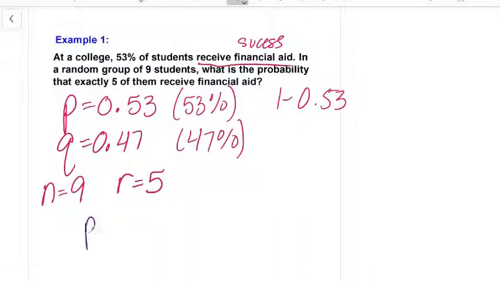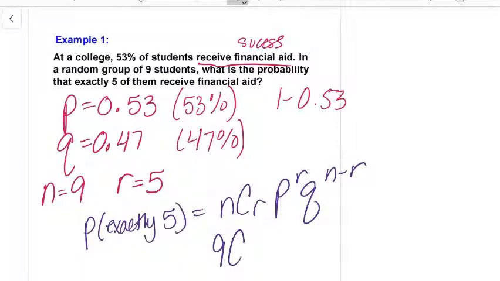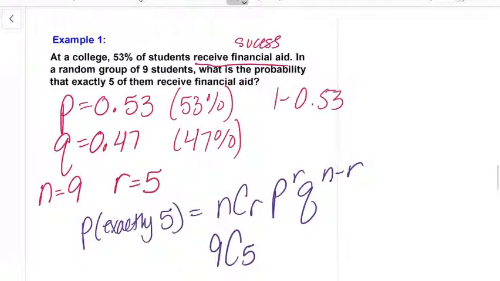So then your formula, probability of exactly 5 will be, so you do the combination of 9 that you're choosing 5. It's the combination of N choose R times P to the R, Q to the N minus R. So I will have 9, choosing 5 of those students.